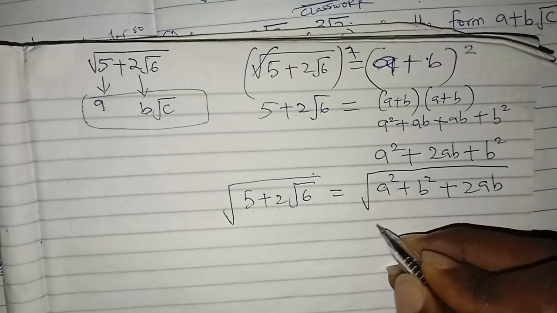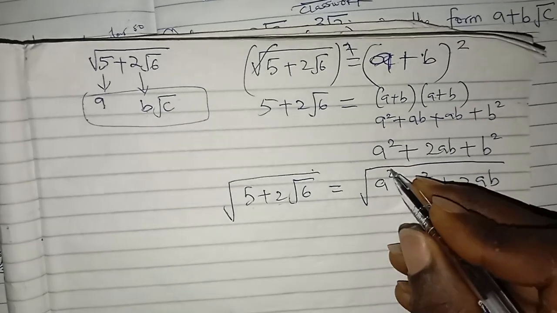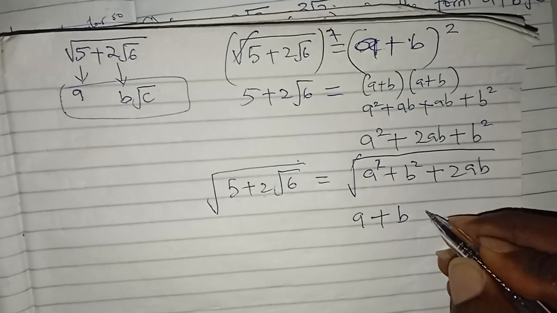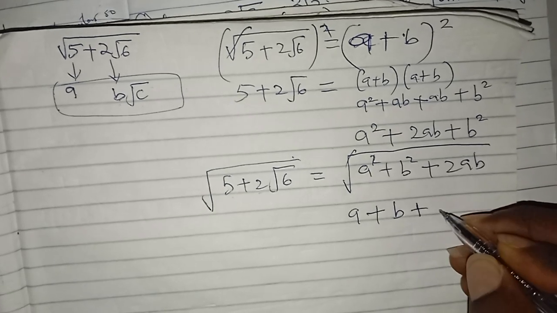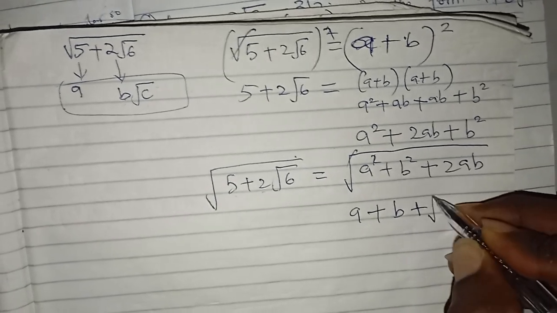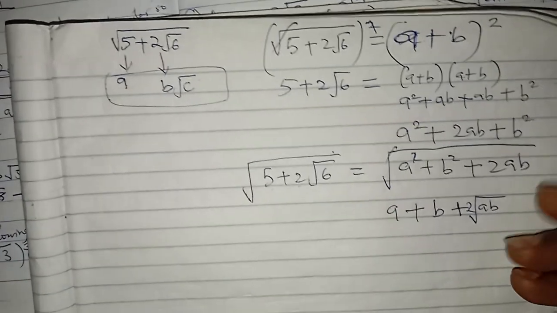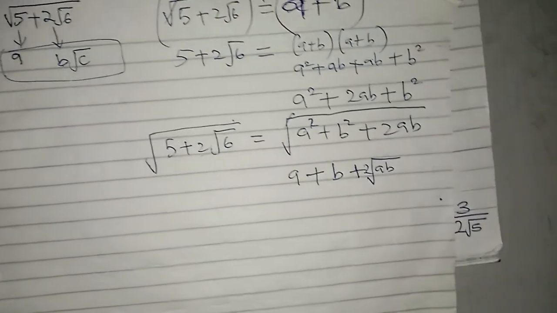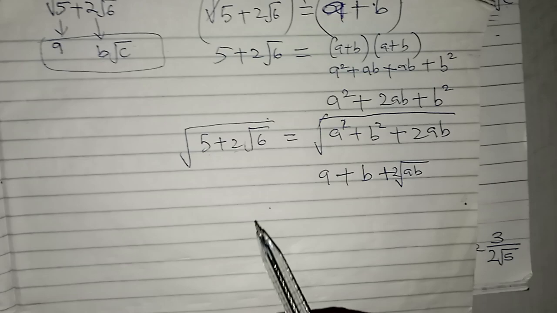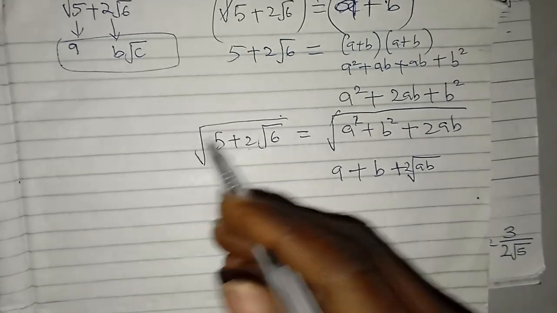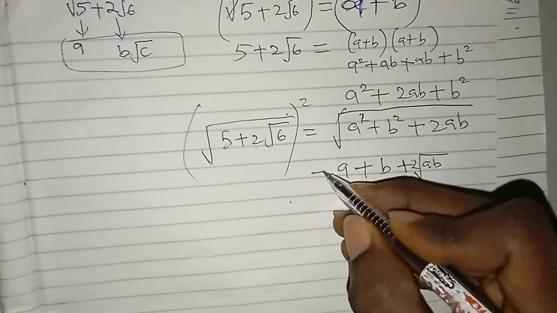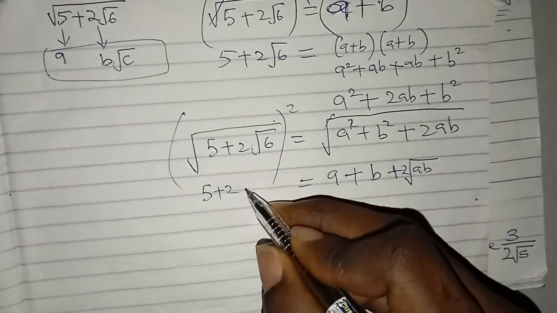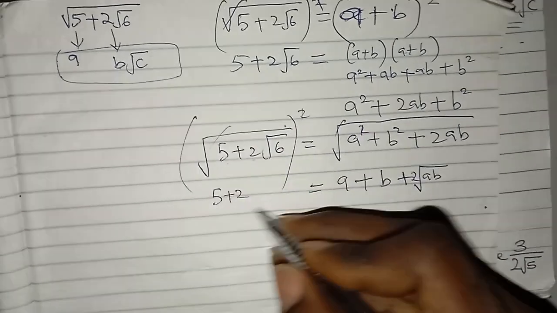See that if I take the square root, this will cancel this, so that I have a plus b, then plus root 2 root ab, 2 root ab. Remember, I'm trying to get it in such a way that what I have on the left hand side, which is 5 plus 2 root 6, after I take the square, and yes, this will cancel this.